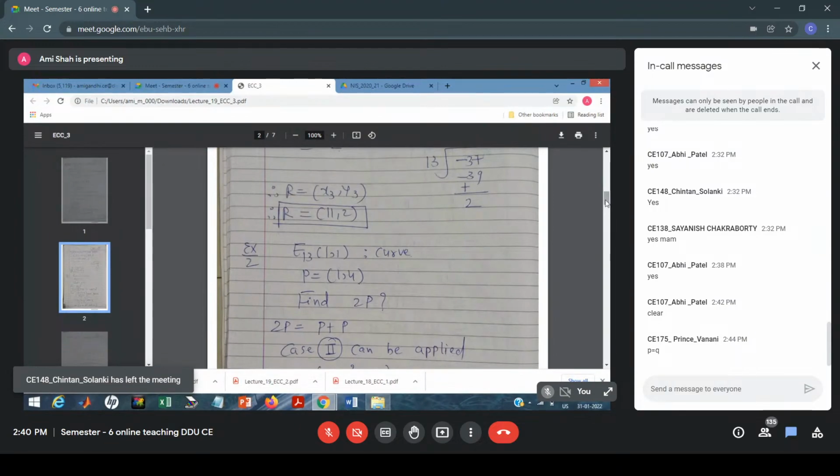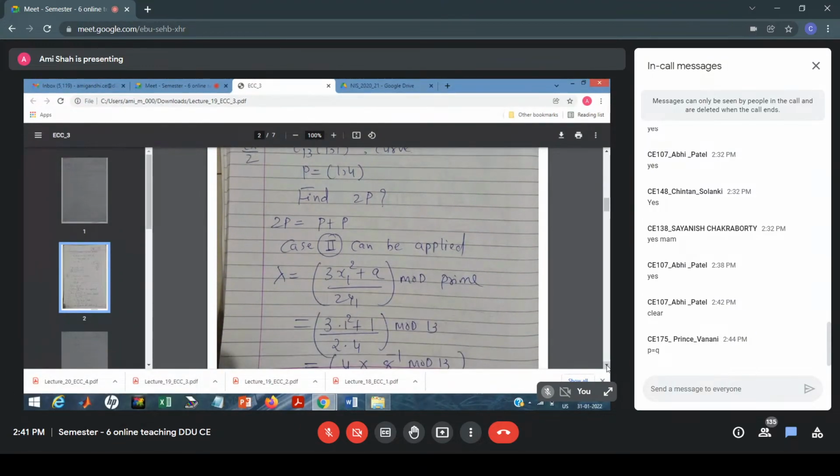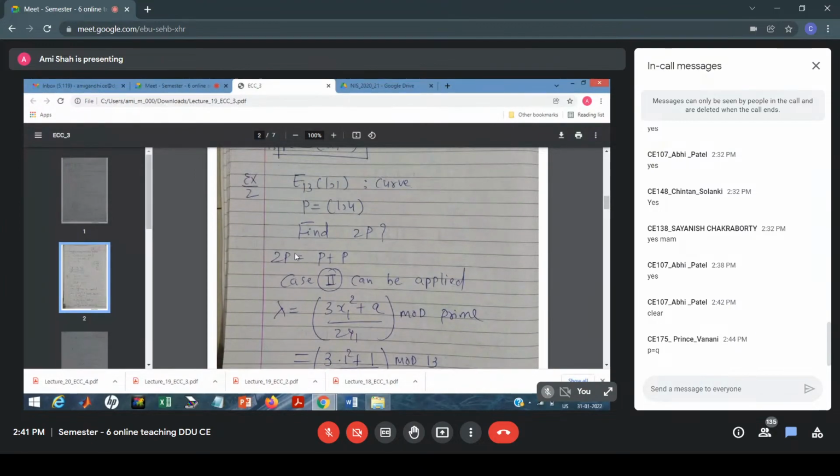Okay. So listen here. In this case P equals Q. That means case 2 can be applied. Right. Now how to calculate the lambda?